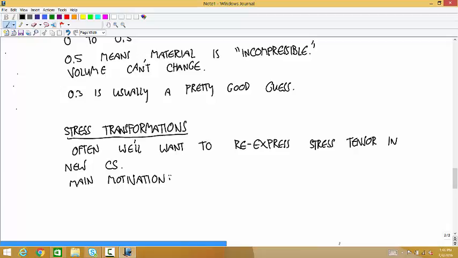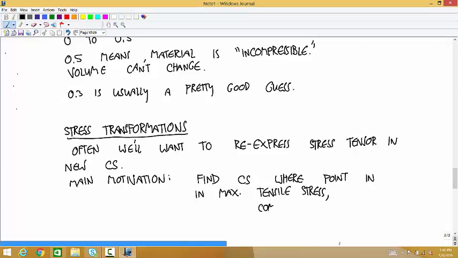And so that's the motivation: we're going to find coordinate systems where the point is in maximum tensile stress, compressive stress, and shear stress.